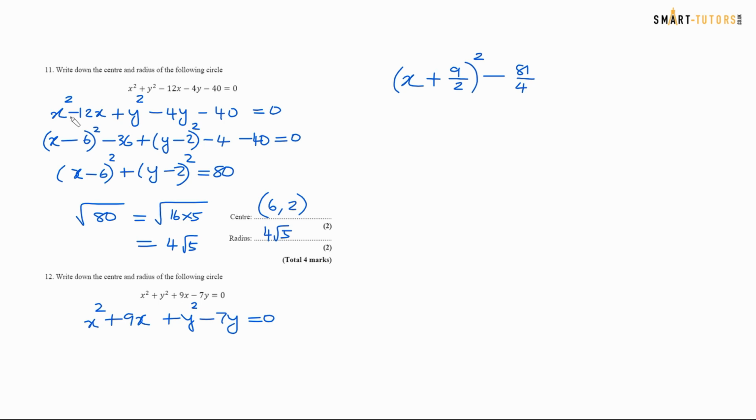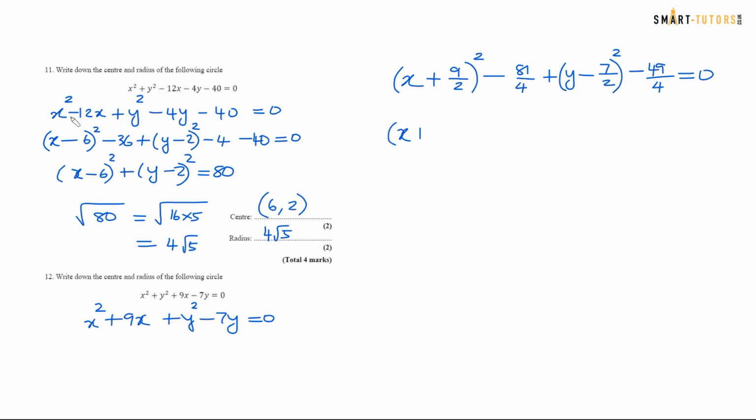You need to take away, plus y squared is y, minus half of 7 is 7 by 2, whole thing squared, minus 7 squared is 49, and 2 squared is 4, equal 0. Again, you can use decimal points if it is a calculator question, but I am assuming this is a non-calculator question, so I keep everything in fraction format and continue the question.